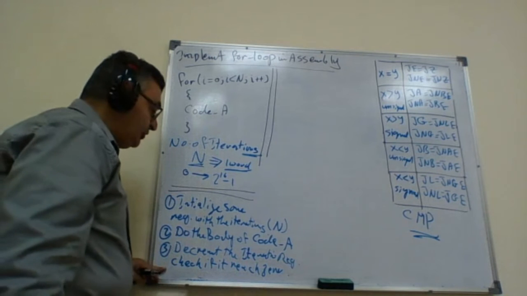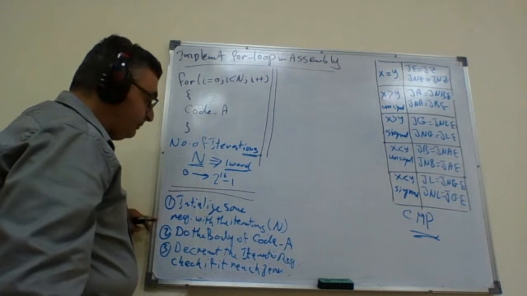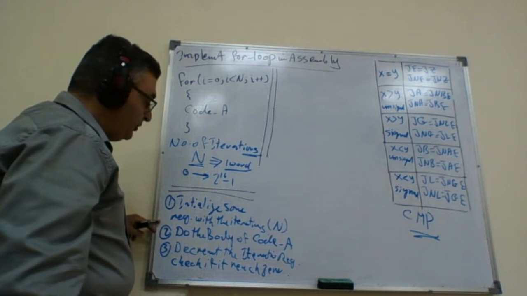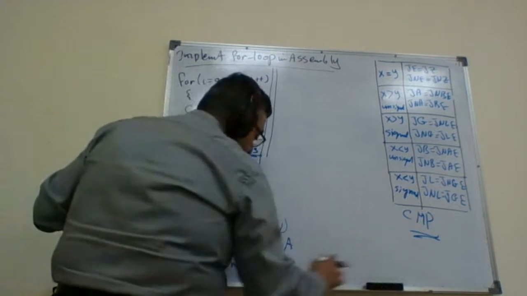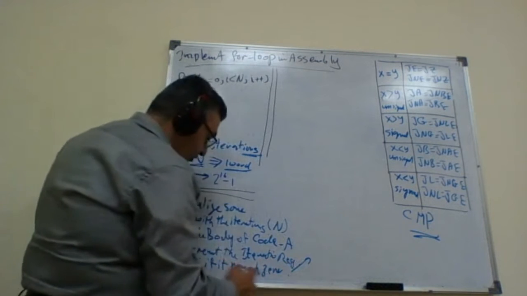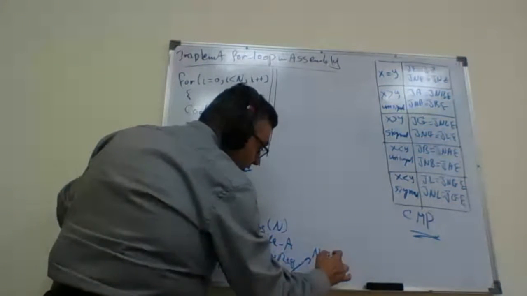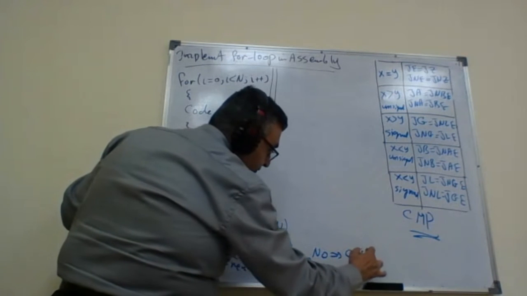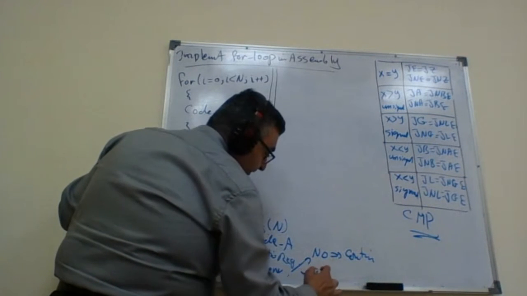If it didn't reach 0, I have to jump to continue. So if it has not reached 0, continue in the loop.